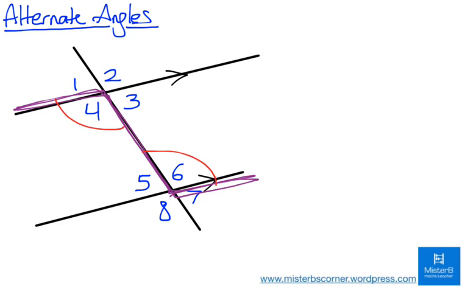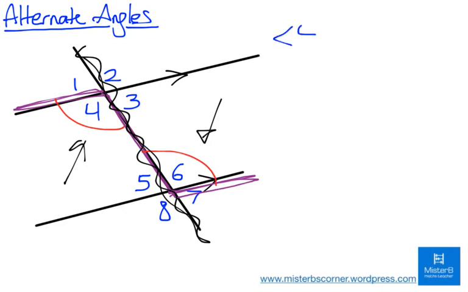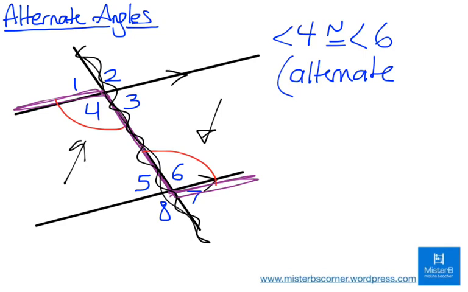Because they are on the alternating side of this line. One of the angles is on this side, the other angle is on that side. So these two angles are alternate angles. And what's more, of course, these two angles are congruent. And we are going to write the reason as alternate angles.